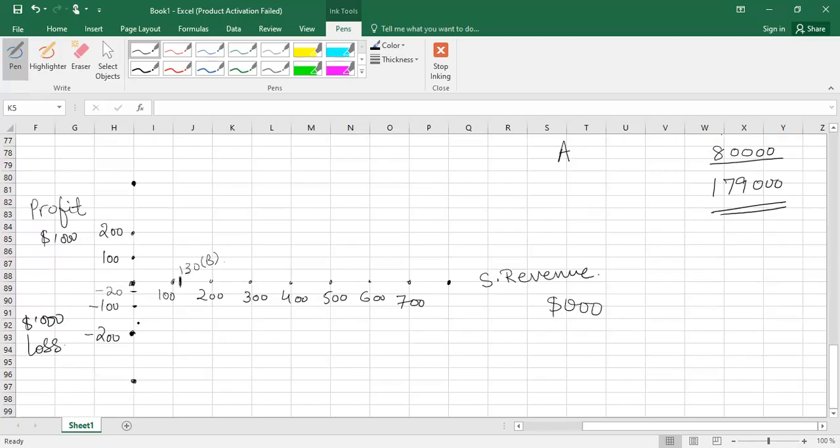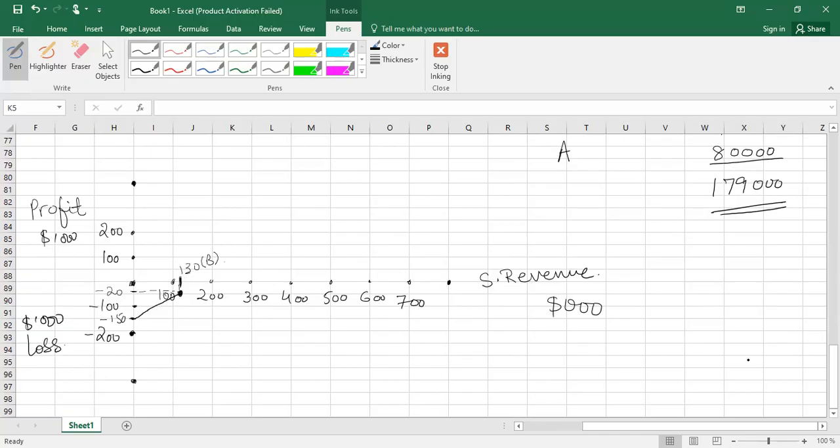So the loss started from here, from 150 negative. It has reduced to 20,000 in parallel to revenue of 130,000. So this line will start from 150,000 negative and it is heading towards 20,000 loss, right?